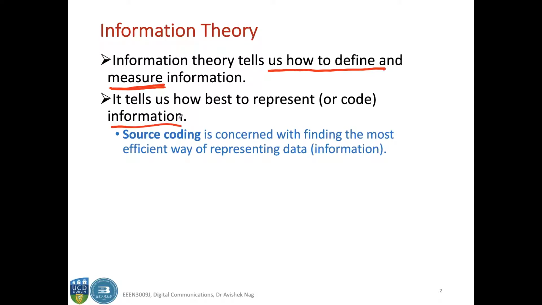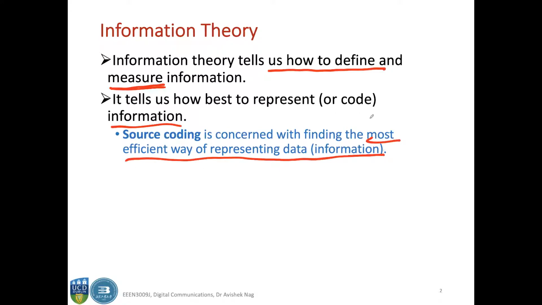Okay, so when we talk about code, there are different types of coding. The first one is source coding. This is concerned with finding the most efficient way of representing the data.